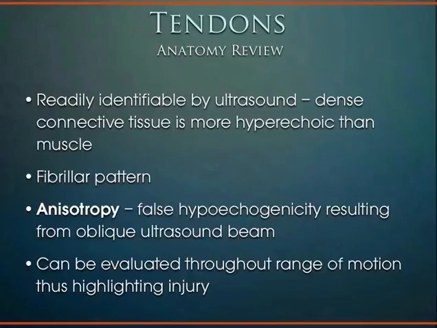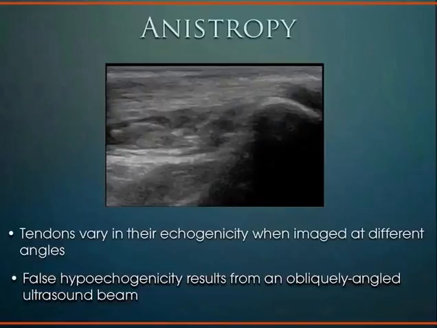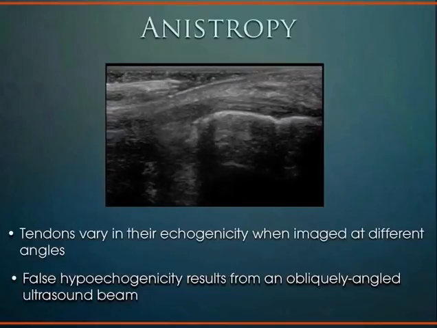When you're looking for problems in tendons, sometimes there's disruption of the tissue. It's black, it's dark, you can't quite see it. But that might be just anisotropy as opposed to an actual tear in the tendon, and we'll talk a little bit about that. And the other nice thing with tendons is it's real time, it's dynamic, so you can actually see the tendon move through the whole range of motion of that joint, and you can see if there's any disruption in anatomy at that point.